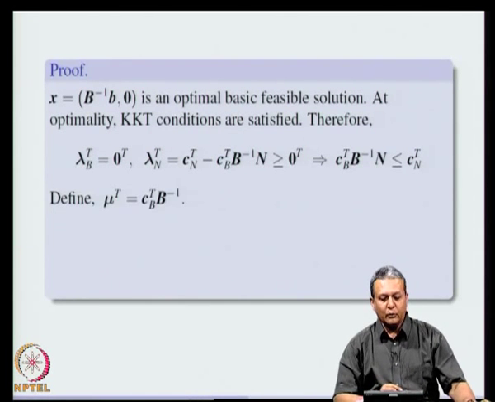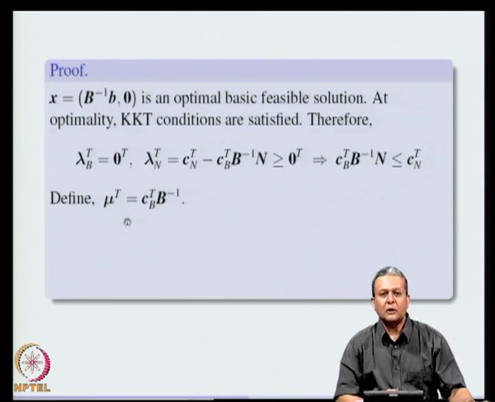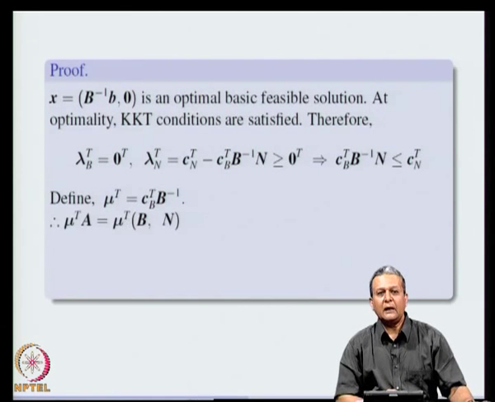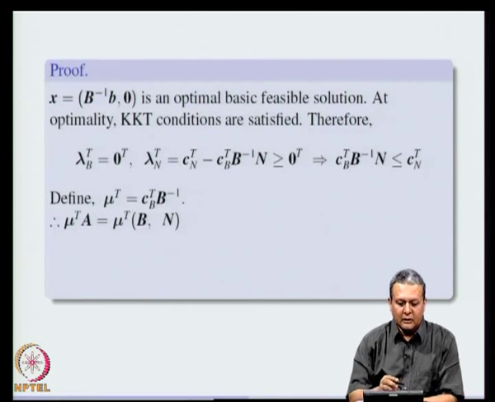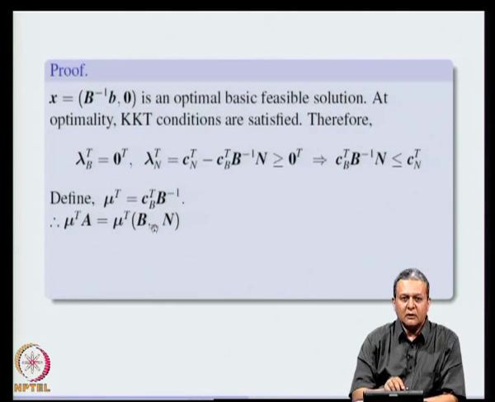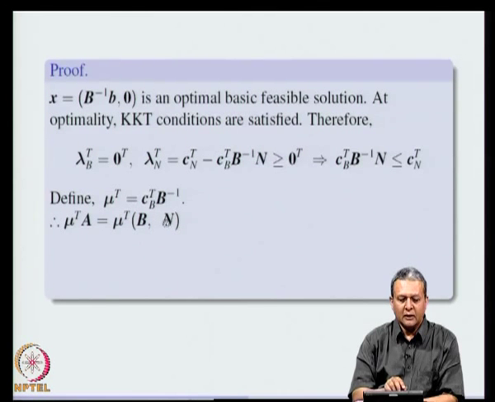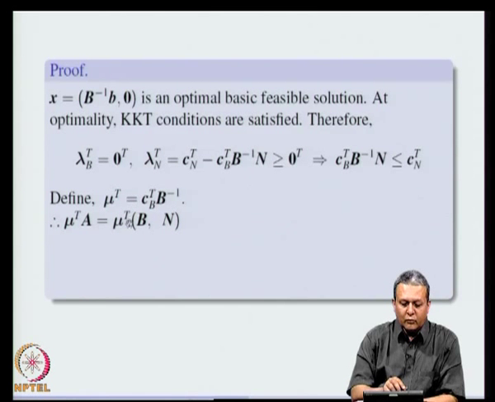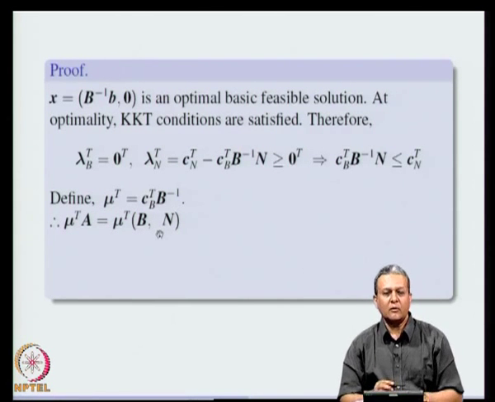So, let us use the value of mu, which we defined as mu transpose equal to c_B transpose B inverse, and therefore mu transpose A is nothing but mu transpose times B and N, where A is partitioned into two matrices associated with the basic and the non-basic variables. Now, expanding it further and substituting mu transpose equal to c_B transpose B inverse, the first quantity will be c_B transpose and the second quantity will be c_B transpose B inverse N.